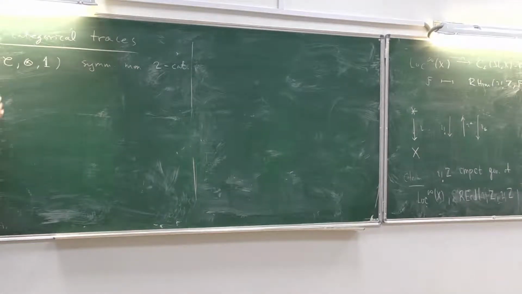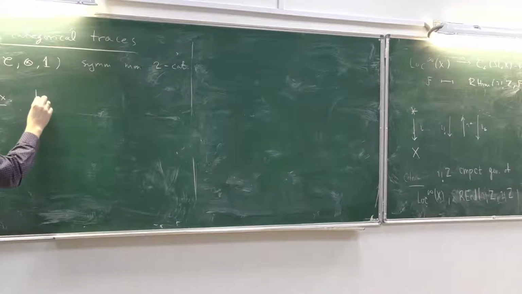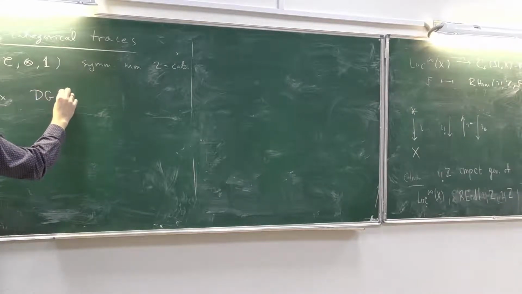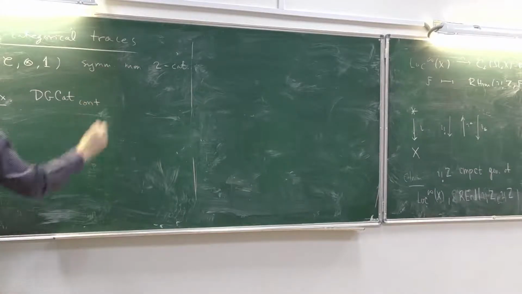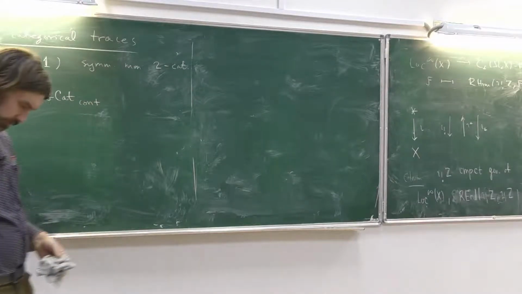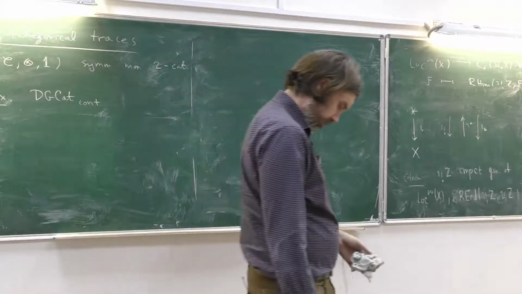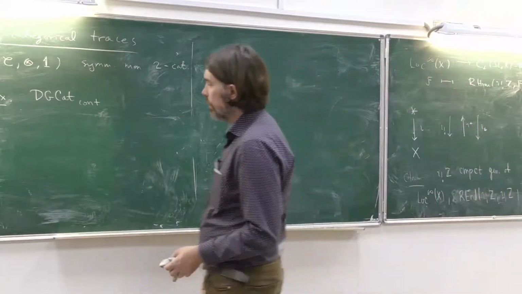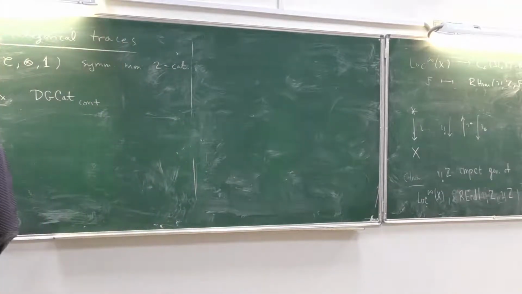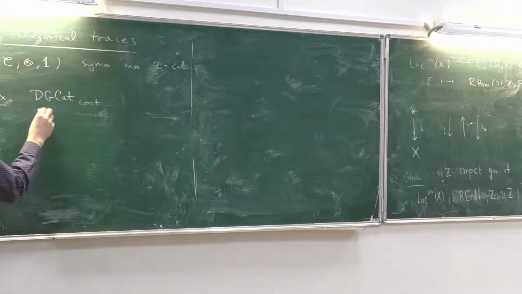So the example I'm interested in for Hochschild homology will be what's called big DG cat, cont. Well, okay. So what are these?